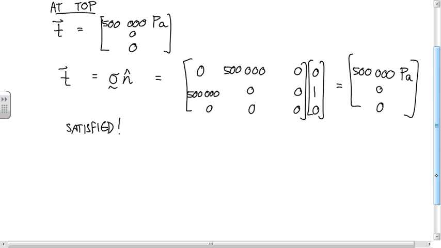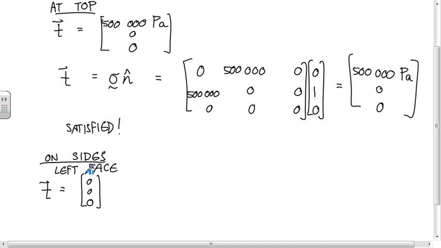And then the last two that we have to check are the sides. Those have to be traction free. There are no loads applied. I'm just going to do it on one because you'll see how it works for the other one. So let's take the left surface, left face. So the traction has to be equal to 0, 0, 0. The stress tensor is the same everywhere.